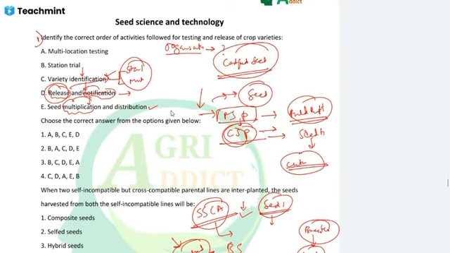At that time, this notification is not important. But if you want to sell the seeds under a certified one, then this notification is very important for you. So this was regarding variety identification, release, and notification. And the current sole agency which is looking after this variety identification, release, and notification is, as I said earlier.